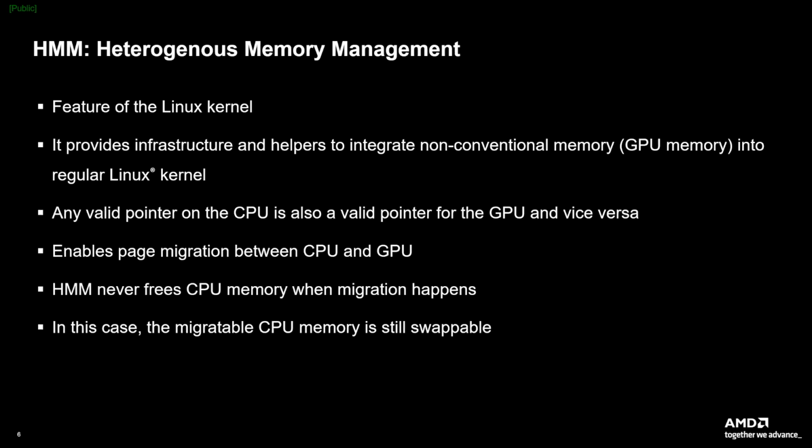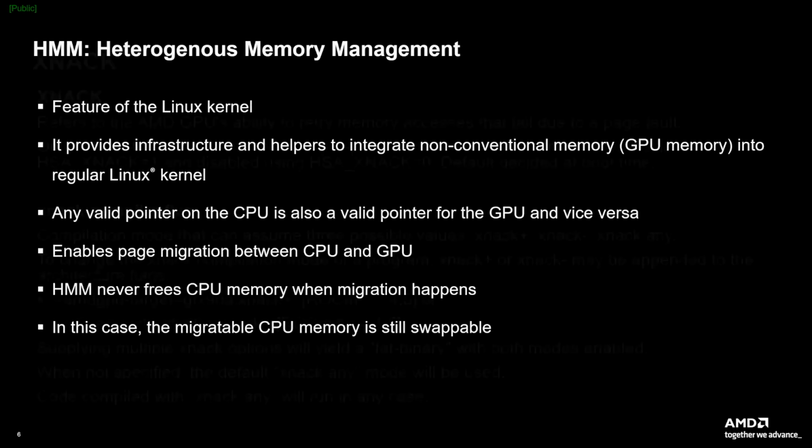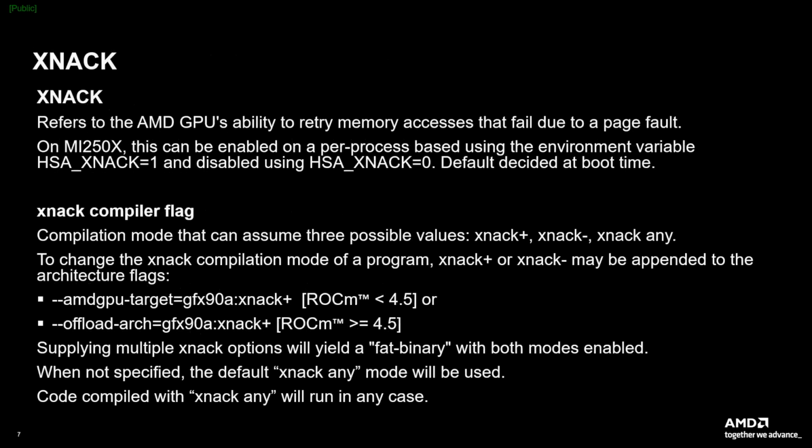And so there's some considerations. For example, on the CPU, is the memory still swappable? So it's not in pinned memory, it's migratable CPU memory. That can still be swapped out. XNACK is the term that is used to refer to retrying memory accesses.